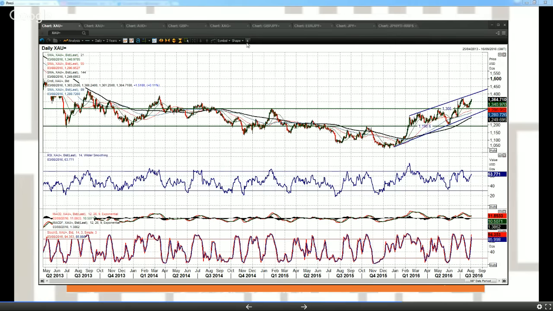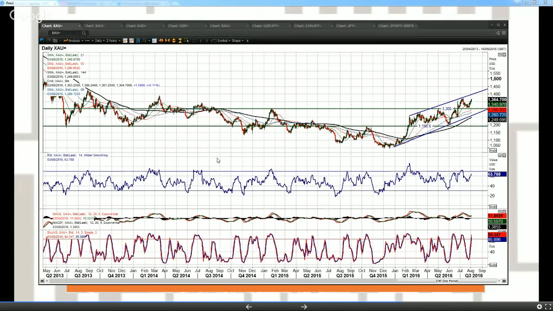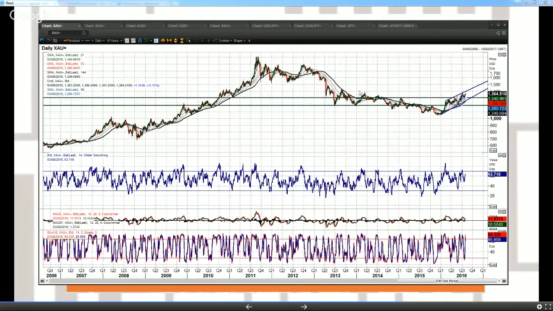To show you that, we'll go back 10 years. You can see here we have certainly turned a corner on gold on a long-term basis, and it looks increasingly positive.